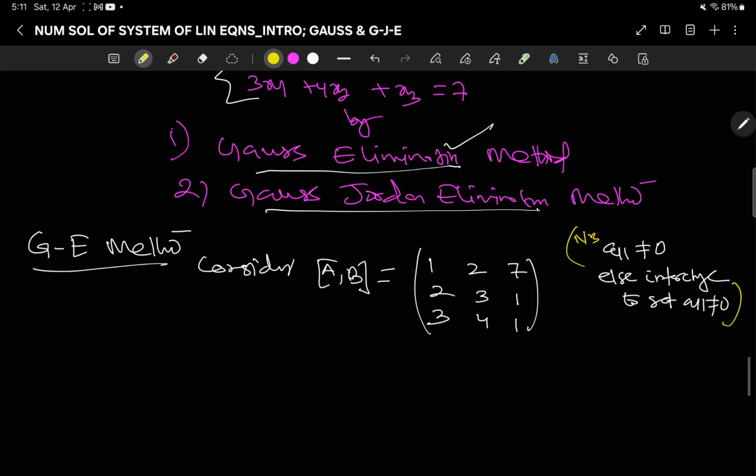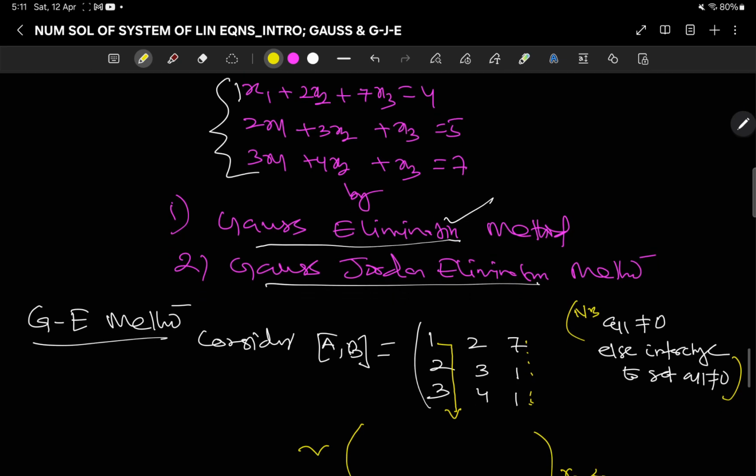So now your first step is to use this to bring this position to 0. How will you achieve this? R1 remains silent, and your row 2 will be replaced. If I multiply by 3 in row 1, and one more thing, you just draw a line and write the right hand side also.